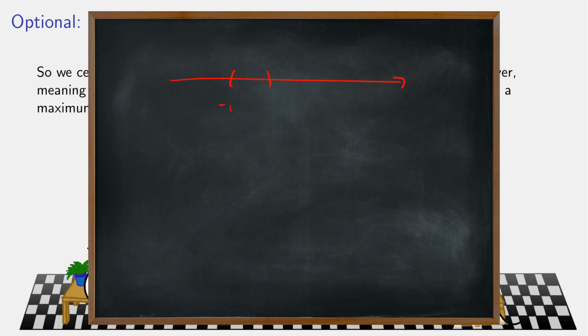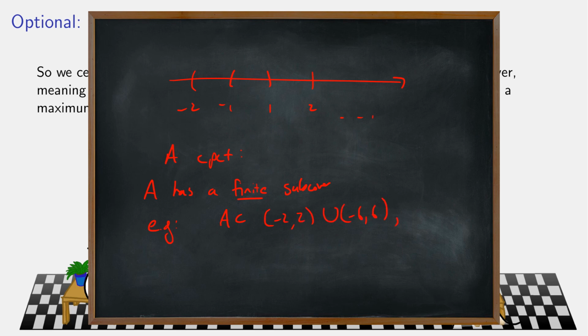Suppose my infinite cover was -1 to +1, -2 to +2, and so forth. Since A is compact, A can be covered with finitely many. Let's suppose, just for the sake of argument, that A is covered by -2 to 2 and -6 to 6 and -10 to 10.